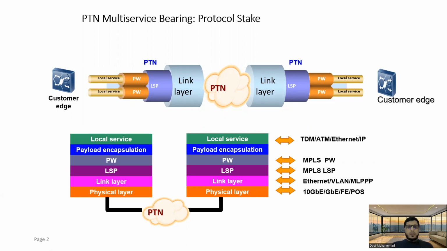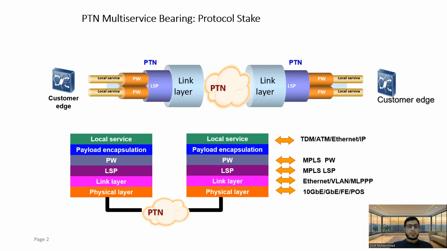So what is involved in this packet transport network? We have a link layer, which is a physical link. Then we have logical pipes, which are called LSP or a tunnel. Then we have logical services over pseudo wire, PW.